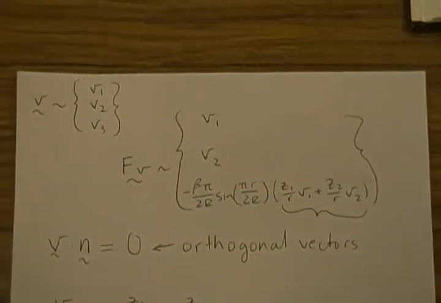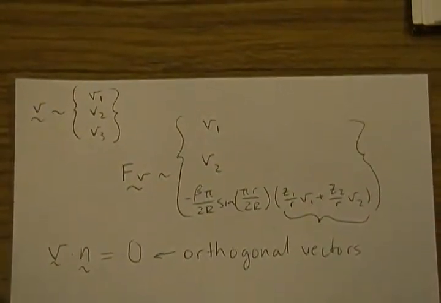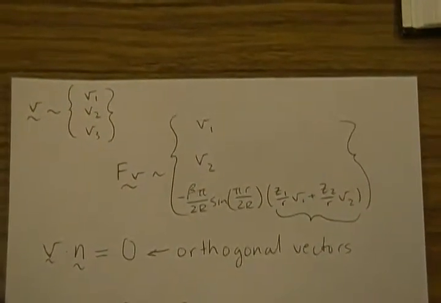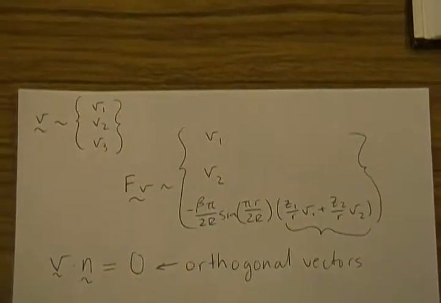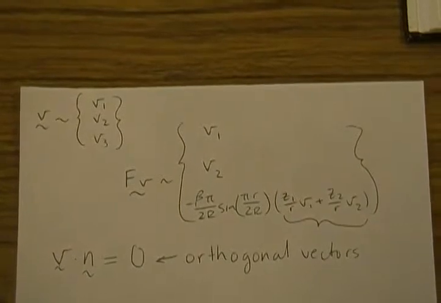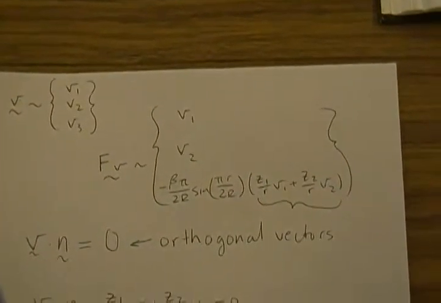The next part of the problem asks us to compute the stretch in the direction that is in the initial plane of the membrane but is orthogonal to r. In other words, tangent to a circle centered at the origin.